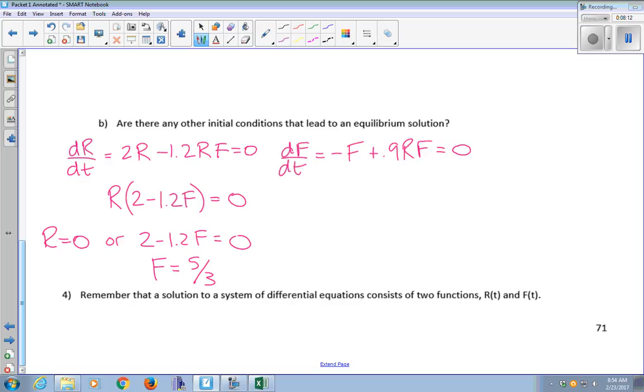Okay, so here I'm going to factor out an F, and I have negative 1 plus 0.9R equals 0. And I get either F equals 0 or 0.9R equals 1.